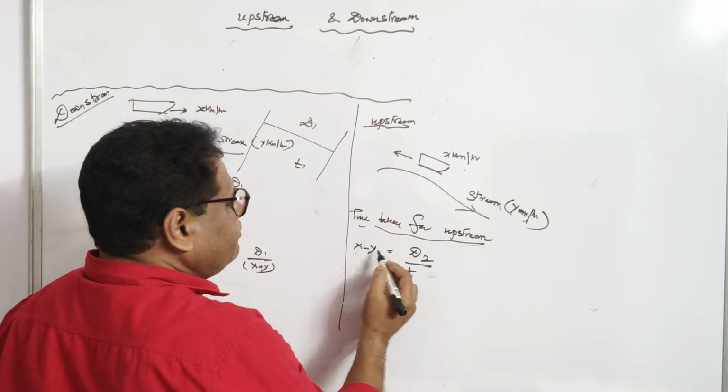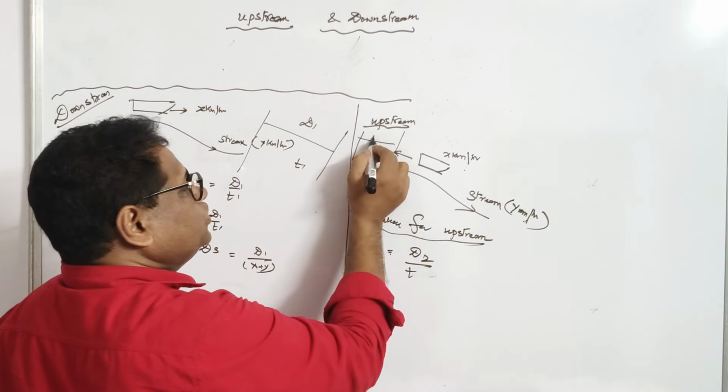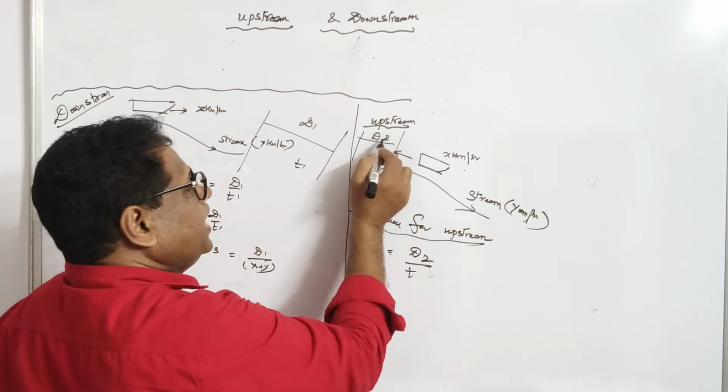This is the relative speed with which it is covering a distance d2, for which the time taken is t2. So the time taken for upstream is d2 by (x minus y). This is equation 2, and this is equation 1.